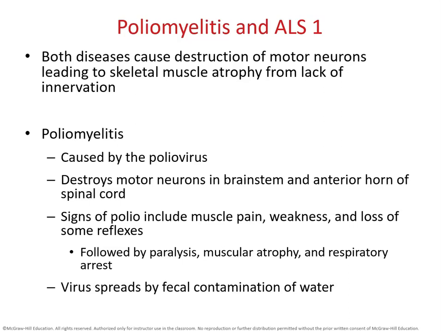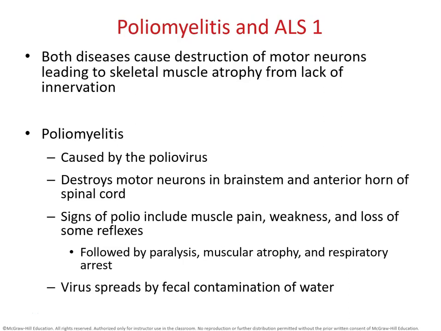I'm sure you guys have seen pictures or read something about the polio virus earlier in your biology careers. For many years, polio was a very dangerous and feared virus that was very damaging to children. When poliovirus attacked the motor neurons in the brainstem or the anterior horn of the spinal cord, the resulting symptoms were weakness, muscle pain, and then loss of reflexes.